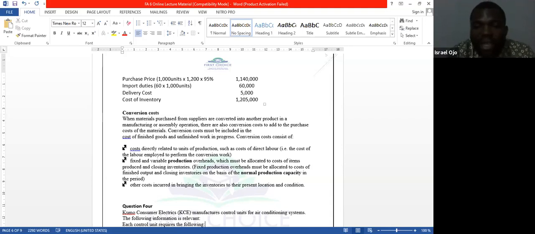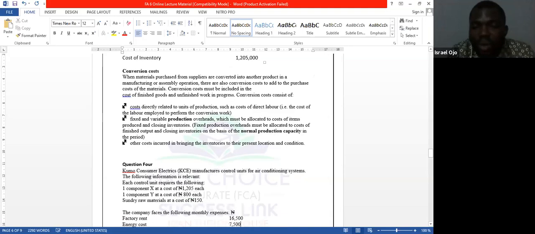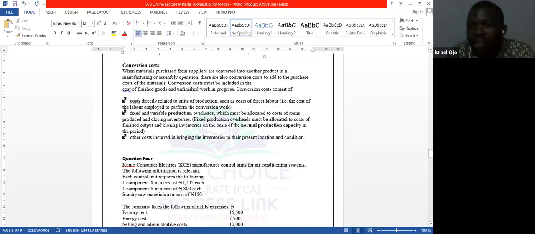That rent will also be added. Also energy. All these fixed overheads that are traceable to the production of the material or the assembly of the product will be relevant.